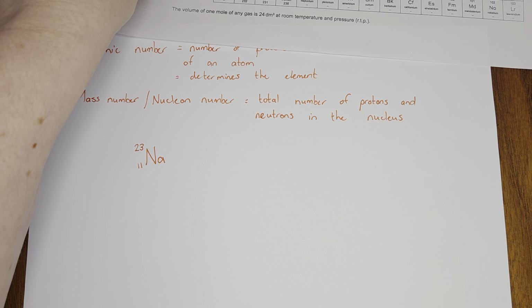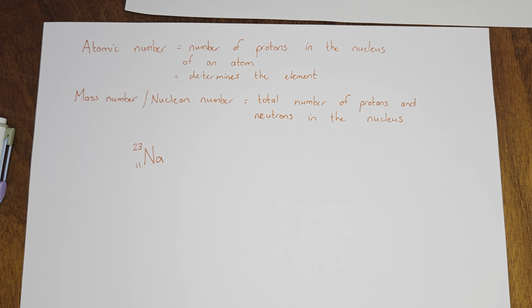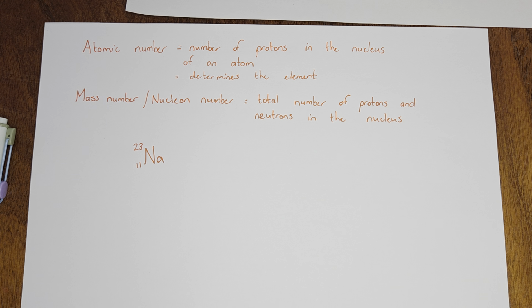The atomic number is the number of protons in the nucleus of an atom, and it will determine the number of the element. So the number of protons will never change for a specific element. Then the mass number, also called the nucleon number, is the total number of protons and neutrons that are in the nucleus together, combined.